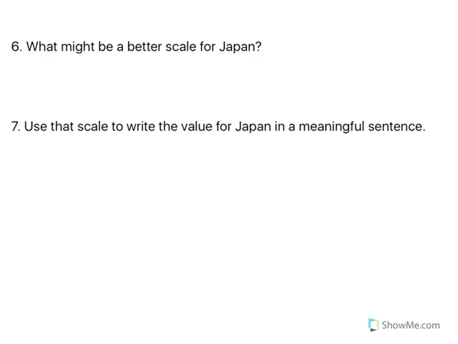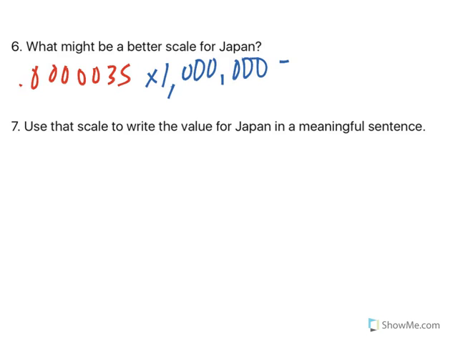So what might be a better scale for Japan? Well, this just sounds bad, but we need more people to die. So if you need that number to be bigger, remember, back when we did Japan, we had the per capita rate of this. And we multiplied by 100,000 to get it to be out of 100,000. Well, if I would multiply this by 1 million, this would give me 3.5.